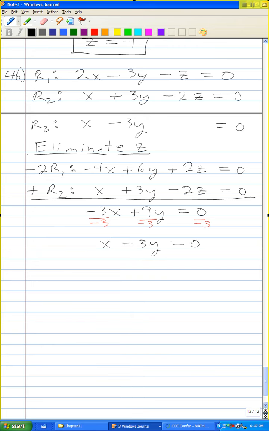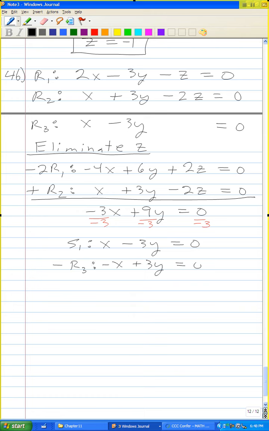Notice this equation, I'll call it S1, is actually the same as R3. So if I do minus R3 and I add them, I get 0 equals 0.